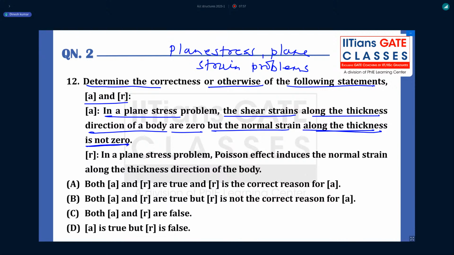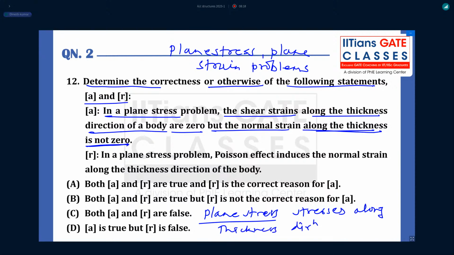So guys, what is a plane stress problem? Plane stress problem says the stresses along the thickness direction are 0.